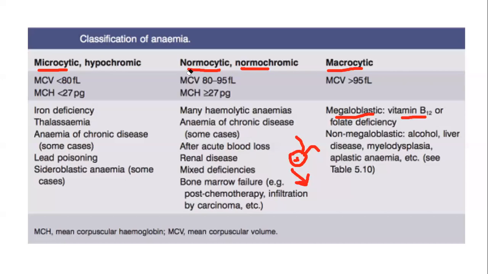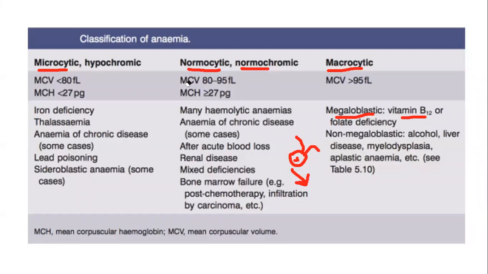Let me go back again. If MCV, the mean corpuscular volume, is within the normal range, 80 to 95, it is normocytic. What about MCH? MCH, mean corpuscular hemoglobin. Don't miss this too, my friend.